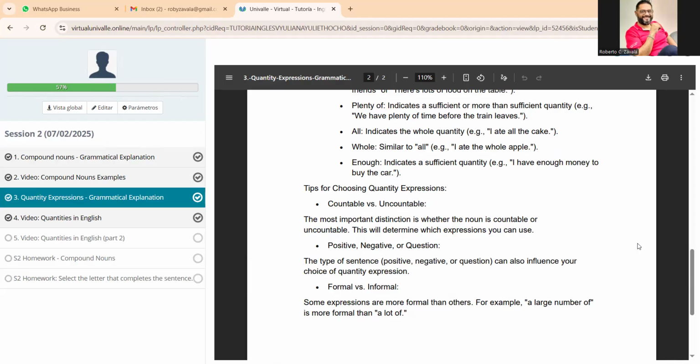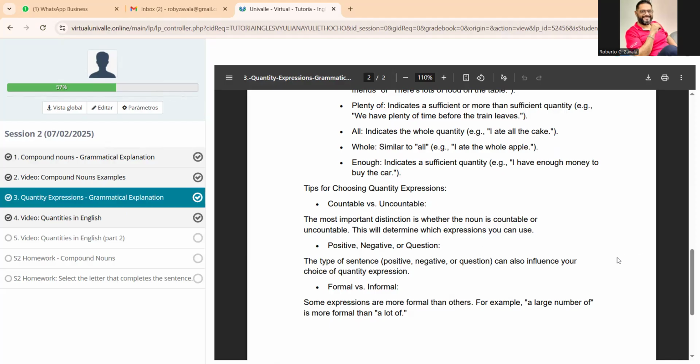Tips for choosing quantity expressions. Countable versus uncountable: the most important distinction is whether the noun is countable or uncountable. This will determine which expressions you can use. The type of sentence, positive, negative, or question, can also influence your choice of quantity expression.